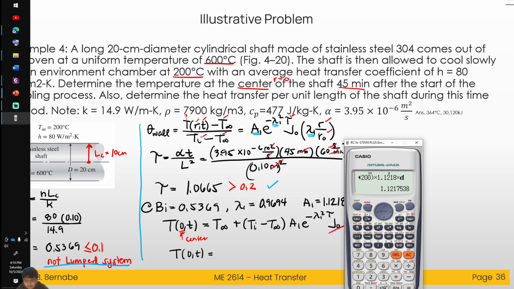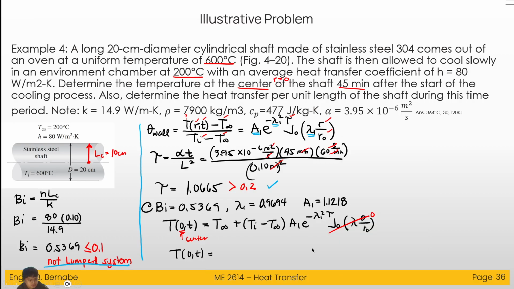Then you have e raised to negative lambda, 0.9694, squared, times tau, 1.0665. And then that's it. So you have 364.7. So this is in degrees Celsius again because it is a difference.